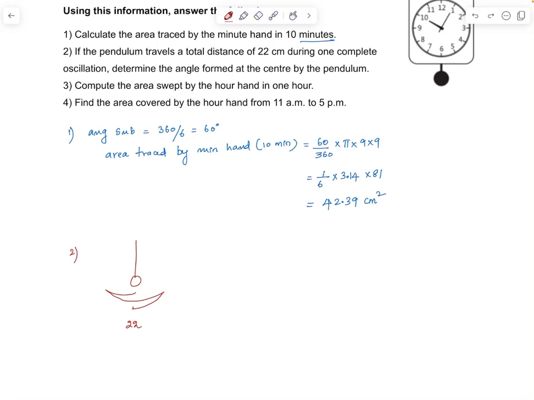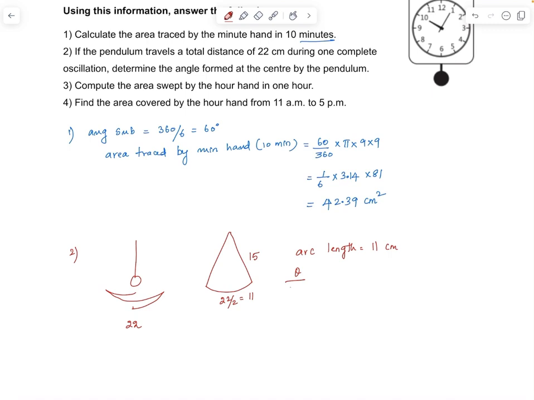If we translate this as a sector, the sector looks something like this. And the arc length of this sector will be 22 by 2, which is 11. The length of the pendulum is 15. Arc length is equal to 11 centimeter.